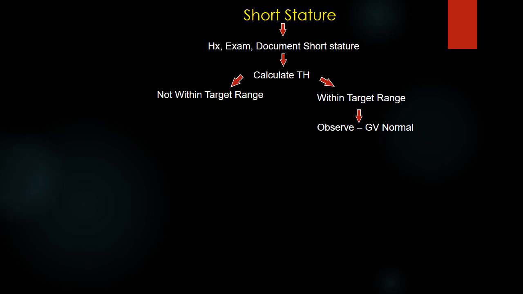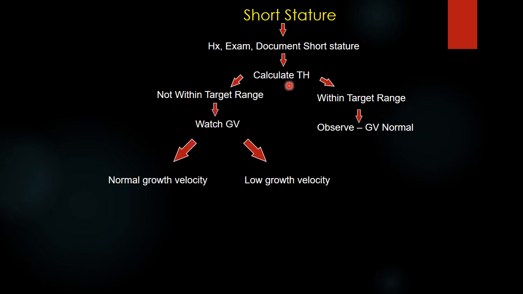If the height is not within the target range of the mid-parental height, again you watch the growth velocity closely and you assess if the growth velocity is normal, that is about 5 centimeters or more per year, or the growth velocity is low.